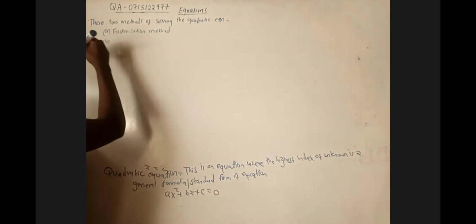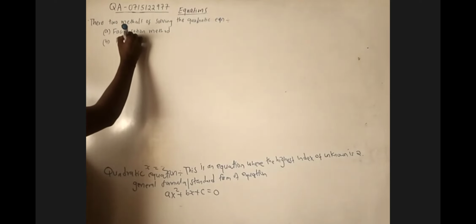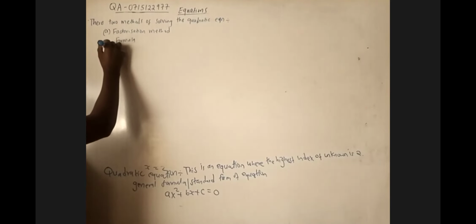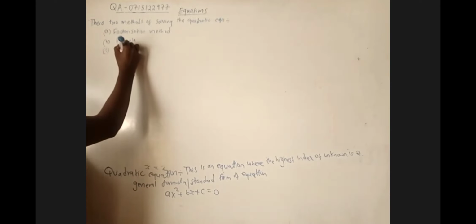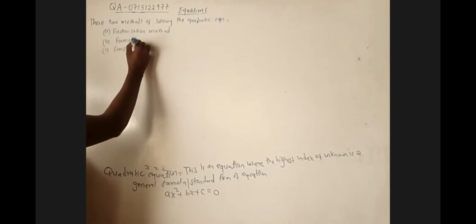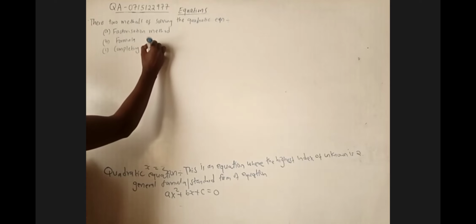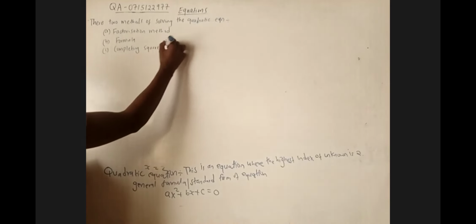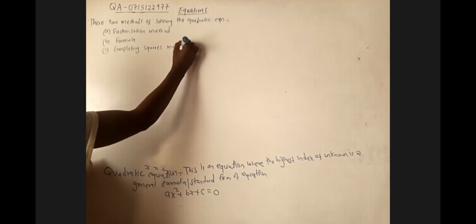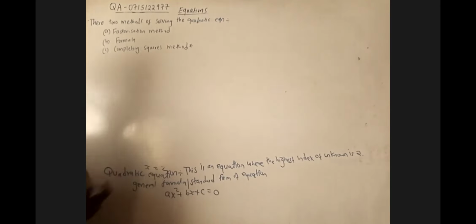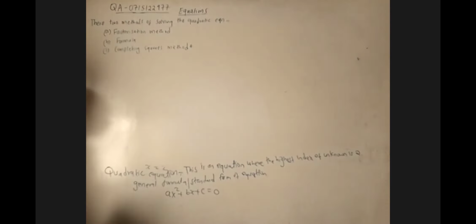Number two, you have the formula. Number three, which we shall not consider here, is completing the square. It requires high school knowledge. Remember the completing the square method? That one we used in high school.